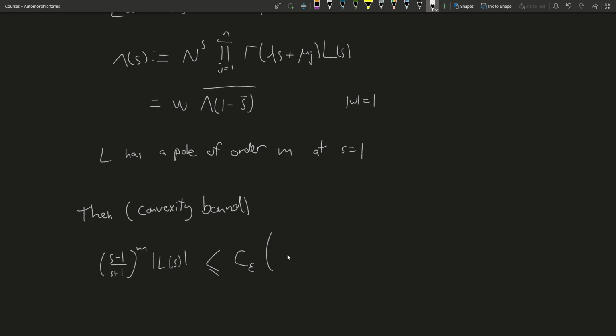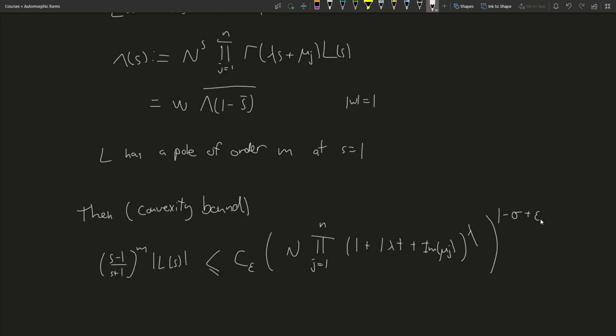And then you have N times the product, j from 1 to n, of 1 plus the absolute value of lambda, where this lambda is the one that appears in the gamma factor, and t is the imaginary part of s, plus the imaginary part of mu_j, all to the power lambda, and then all of this to the power 1 minus sigma plus epsilon.